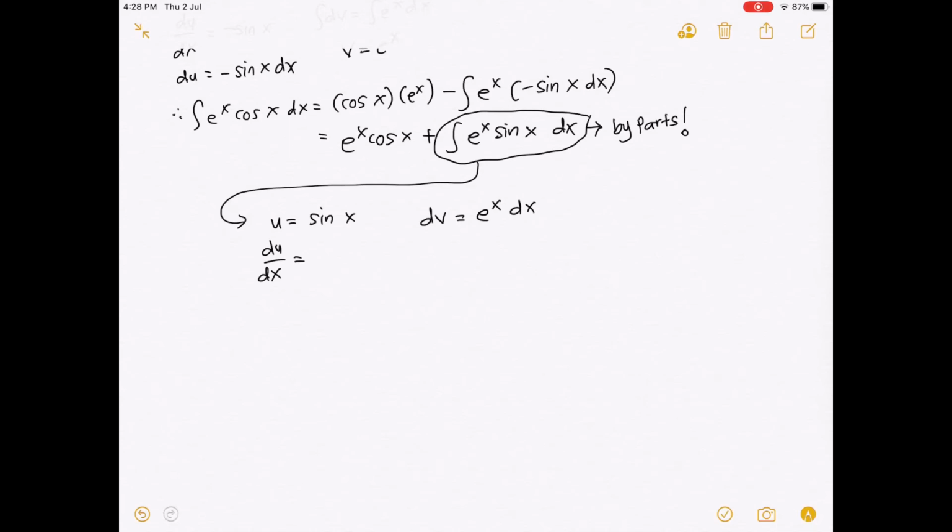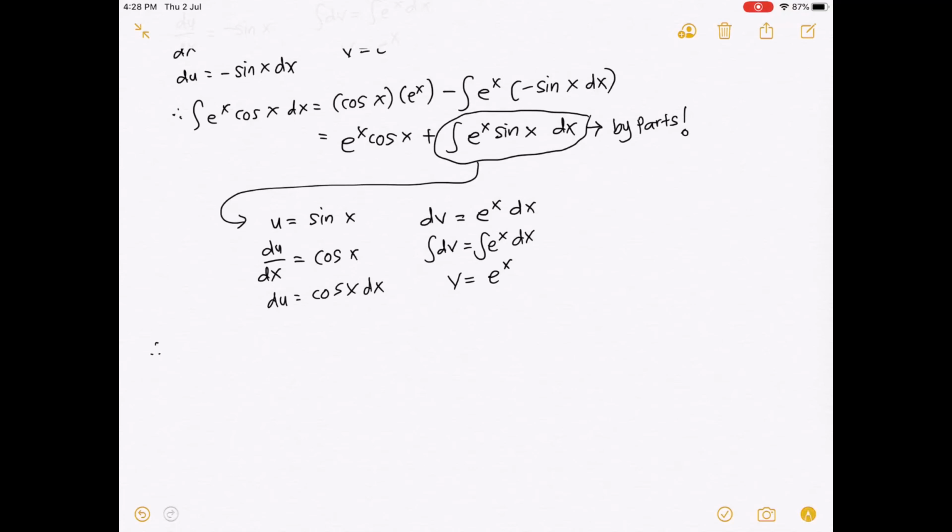So we repeat again, du dx now will be cos x, and then v will be e^x.